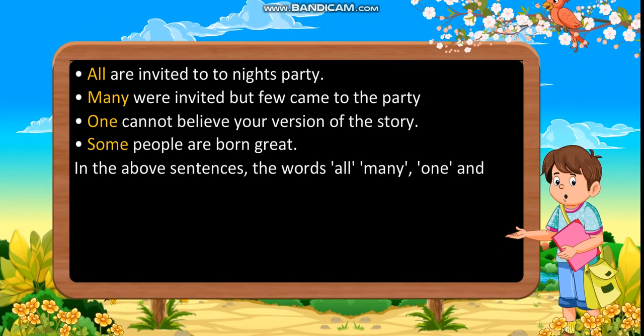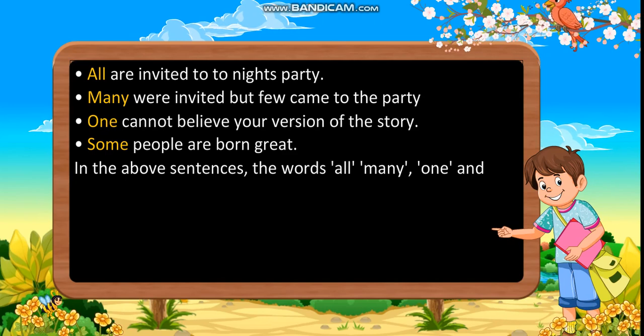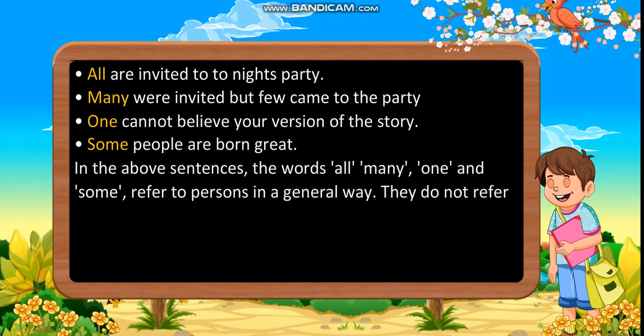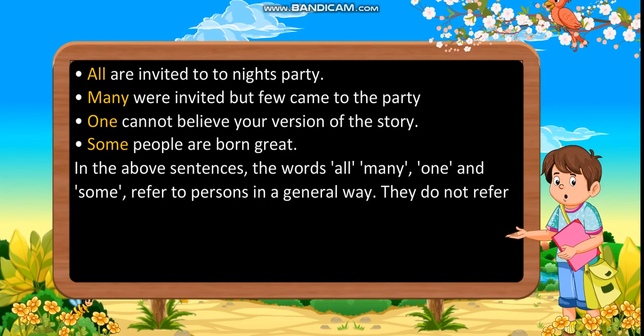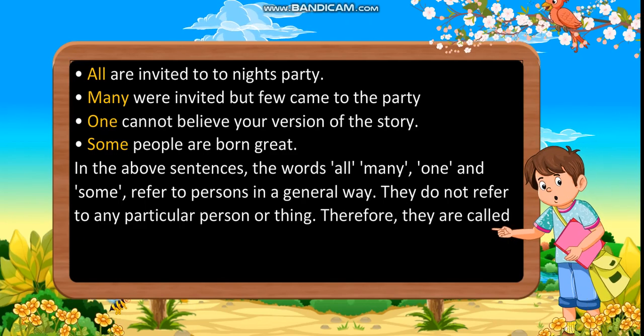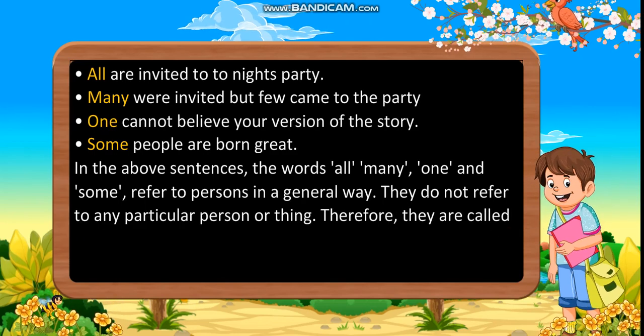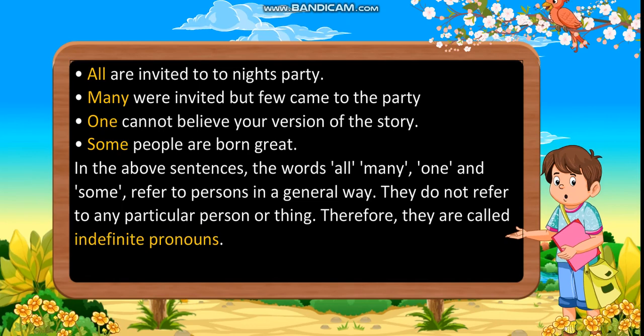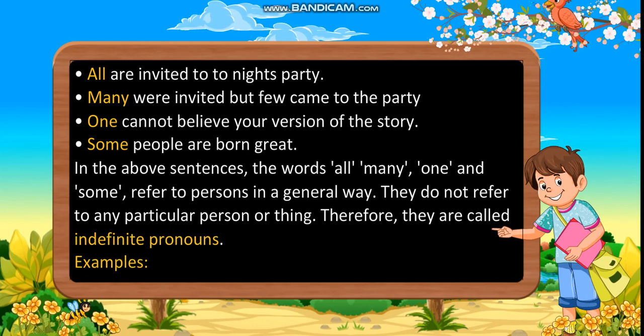In the above sentences, the words all, many, one, and some refer to persons in a general way. They do not refer to any particular person or thing. Therefore, they are called indefinite pronouns.